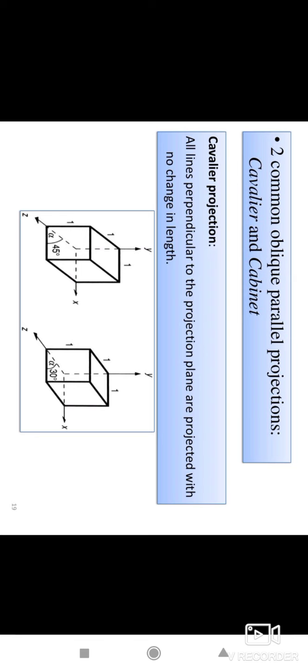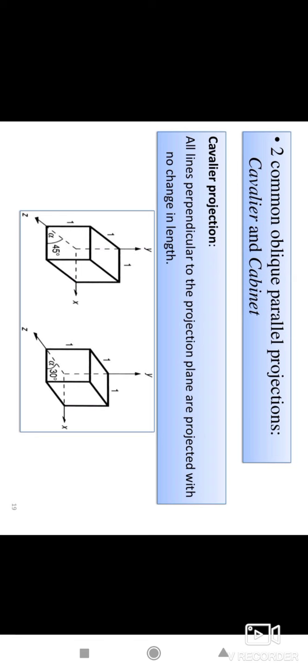All lines perpendicular to the projection plane are projected with no change in length. That is known as Cavalier projection.